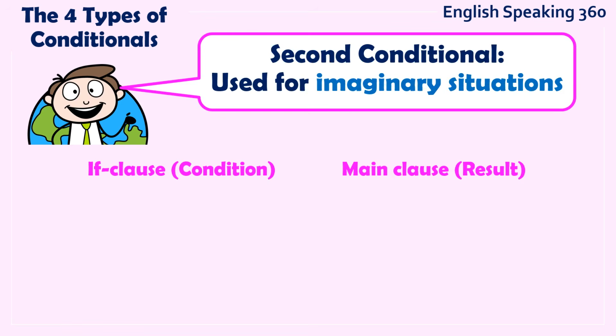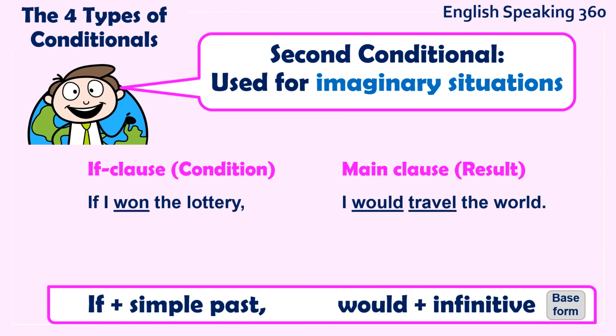Now, the third one is called the second conditional, and it is used for imaginary situations. Here's an example. If I won the lottery, I would travel the world. Now, you see, in this case, I probably don't even have a lottery ticket.